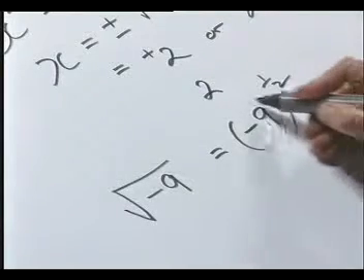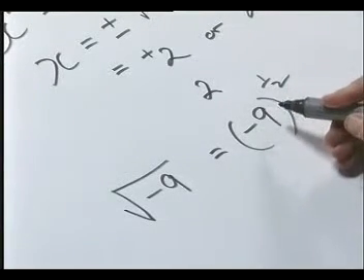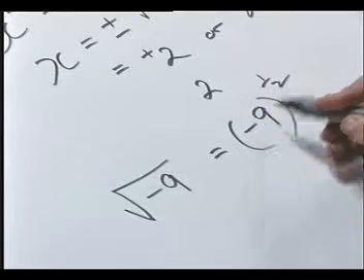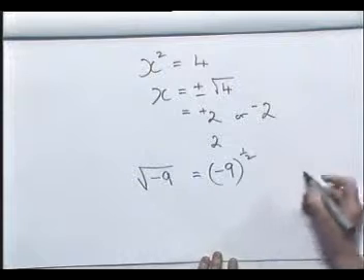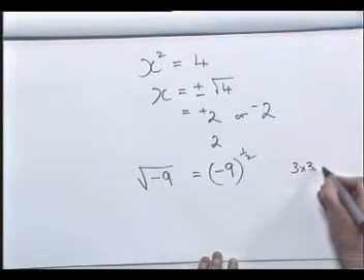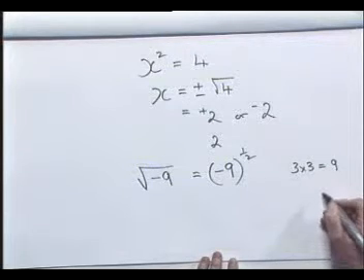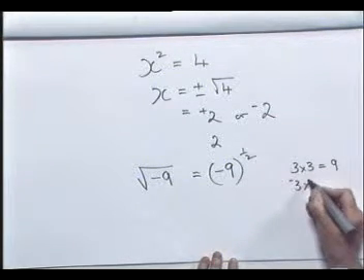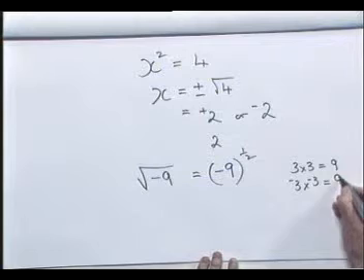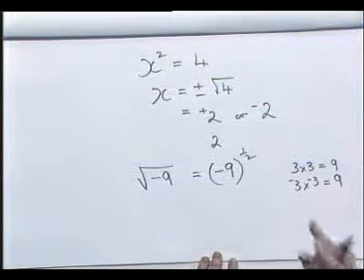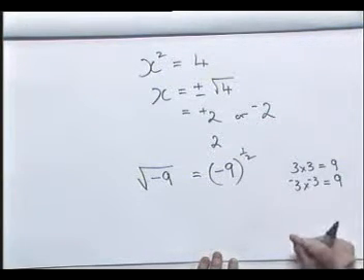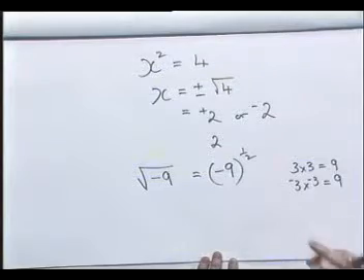And so what we're looking for are two numbers multiplied by themselves, which will give us negative 9. Well, we know 3 times 3 is 9, and negative 3 times negative 3 is 9. But there's not two numbers multiplied by themselves, which will give us negative 9. So you cannot evaluate the square root of a negative number and get a real answer.